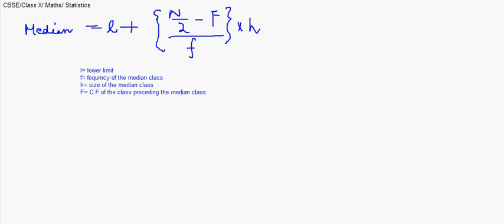These are the marks given for a few students, and the number of students against each mark bracket: 0 to 10, 10 to 20 and so on.